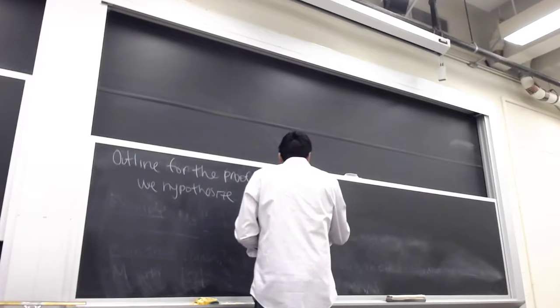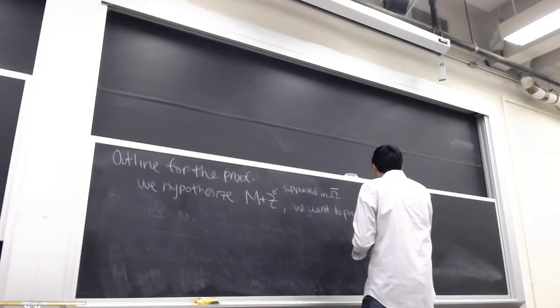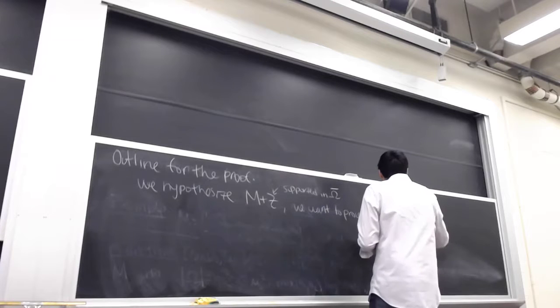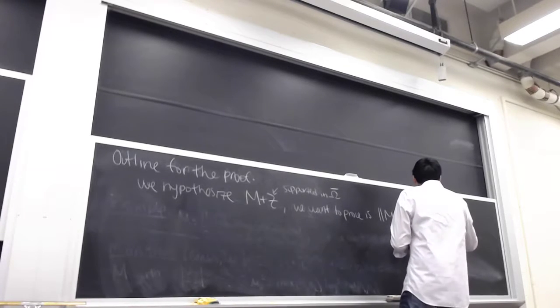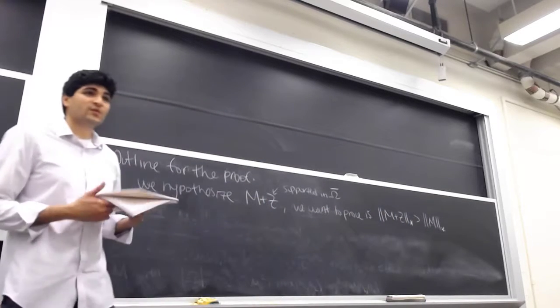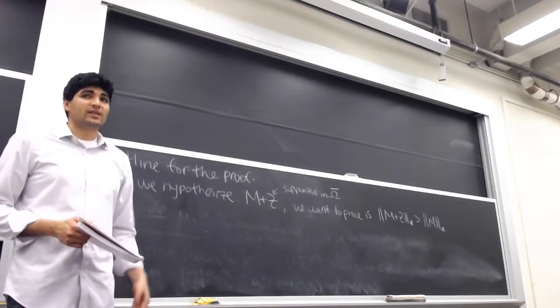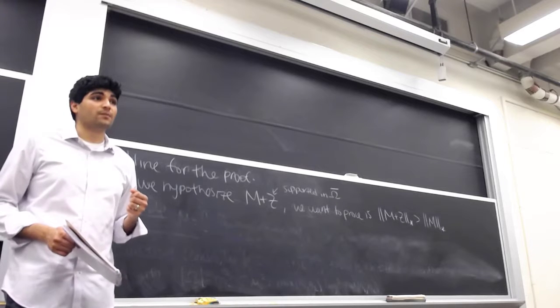And what we want to prove is that the nuclear norm is strictly larger than the nuclear norm of m. So this would imply that the true solution is m. It's saying any other hypothesized solution has to have larger complexity.